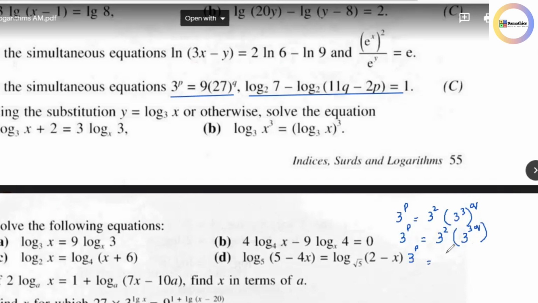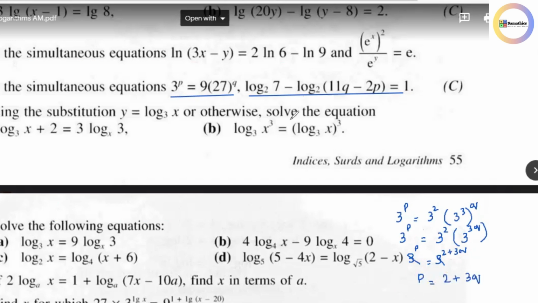What will happen to the powers here? The bases are multiplying, so it will be 3 power 2 plus 3 cubed, right? So the 3s will cancel out, and we will have p is equal to 2 plus 3.